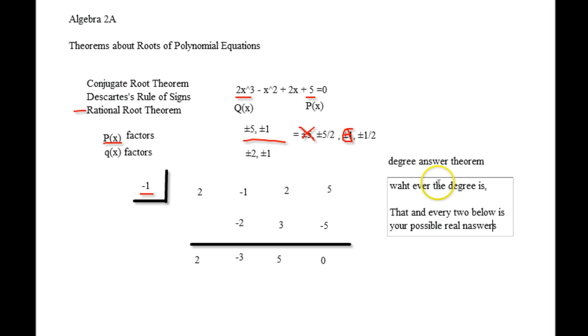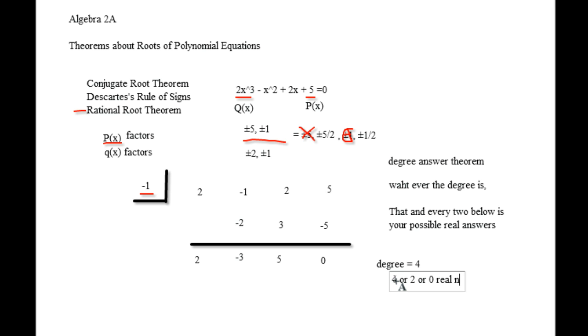Okay? That's ugly spelling. So, for example, if my degree is 4, that means that I have 4 or 2 or 0 real answers. So in other words, I would know when to stop checking my possible rational roots.